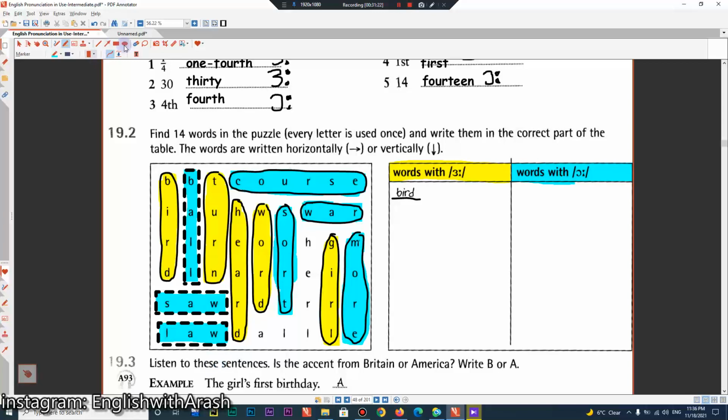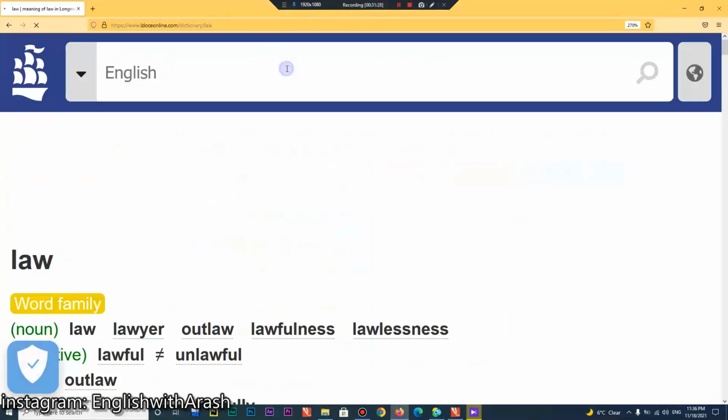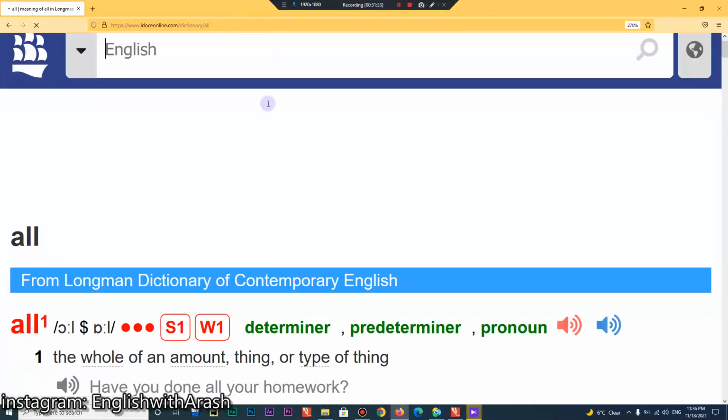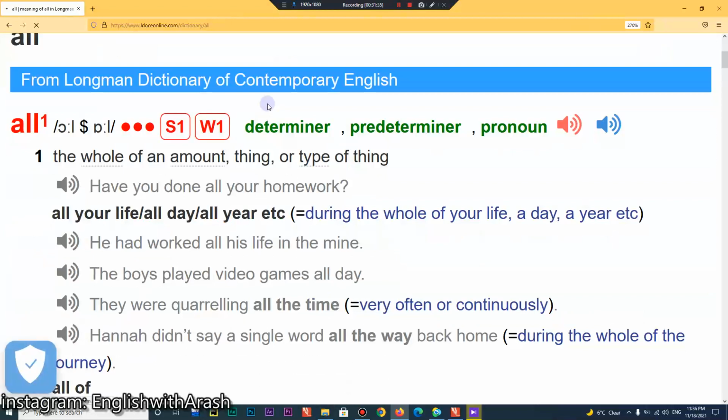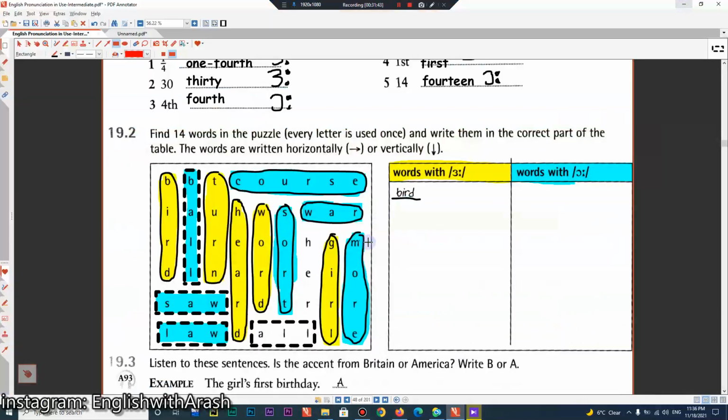All, again, I think in British you can say it, not in American. If I check all, you can see in American it's not blue, it's the A sound. But yes, in British you say all. It's okay. We can do that in British.